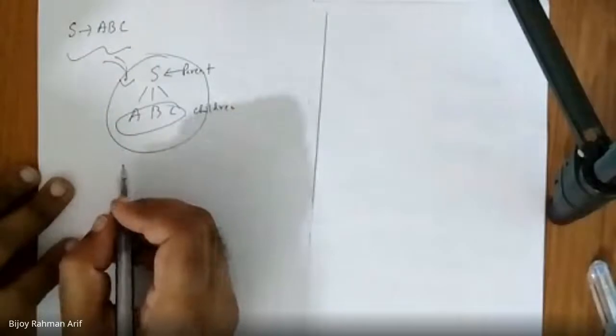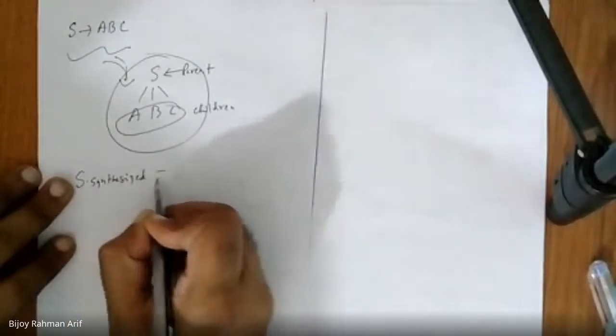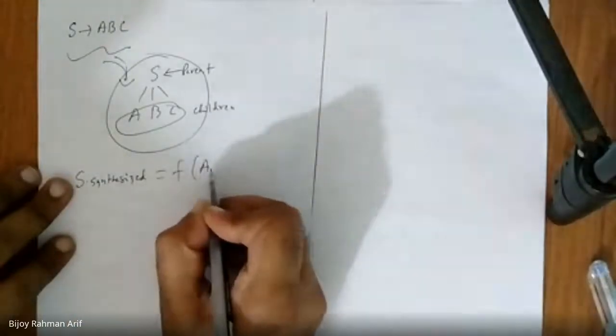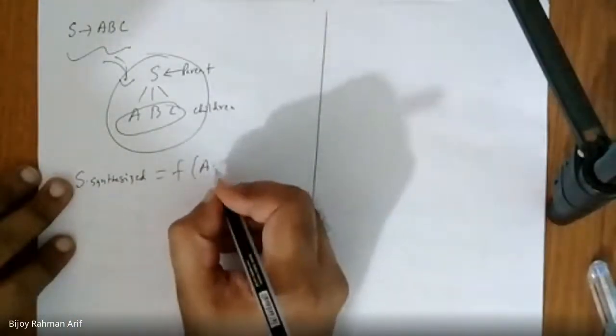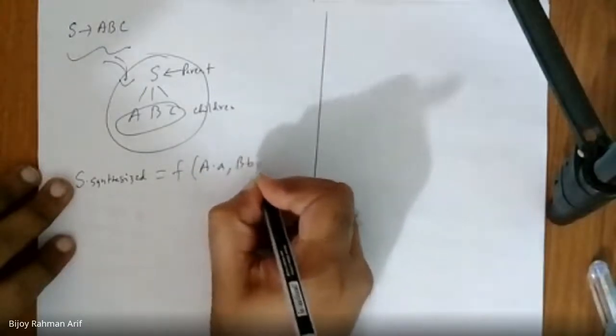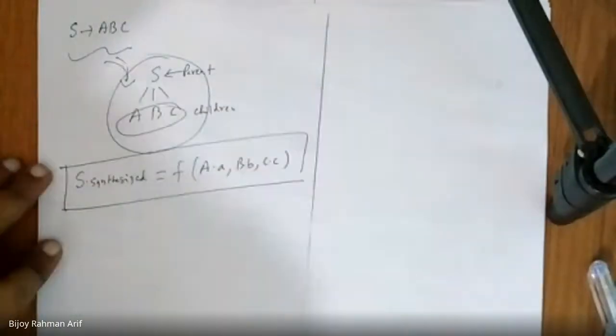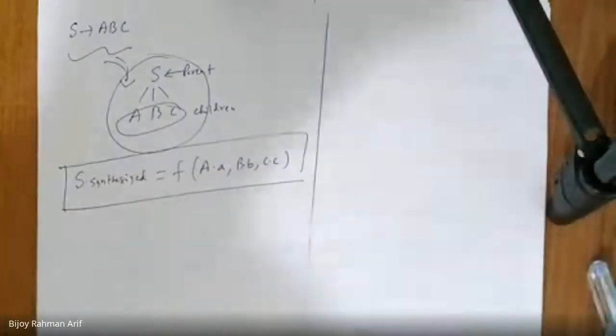So S synthesized is a function of A attribute, B attribute, C attribute. So this is the definition of synthesized attribute. And what is the definition of inherited?